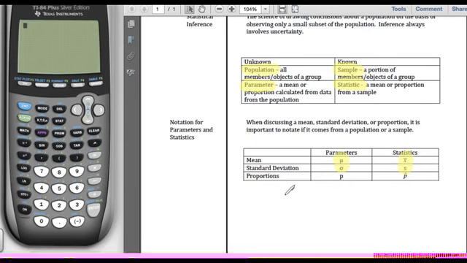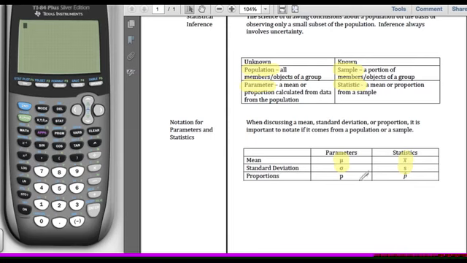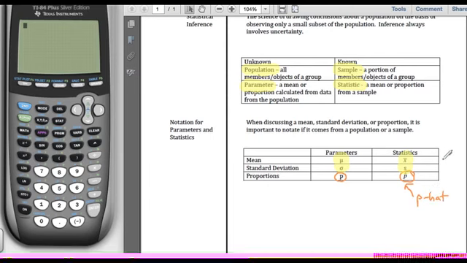And finally, proportions, which are your percentages as decimals, you can think about them that way. If it's from a population, we use lowercase p for that parameter. And if it's from a sample, we use p hat for that statistic.